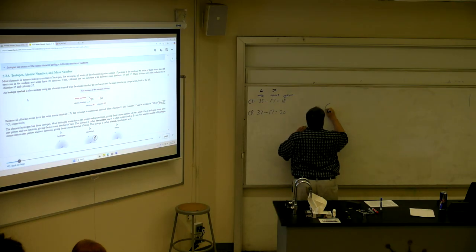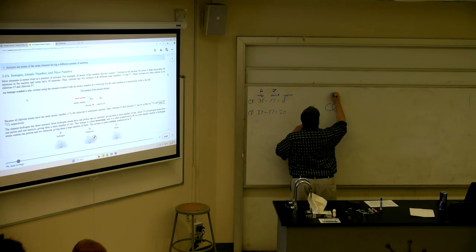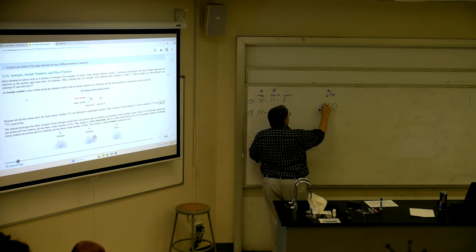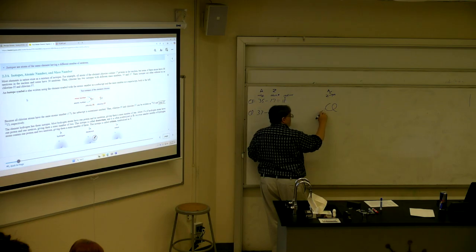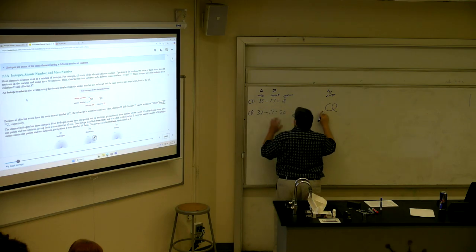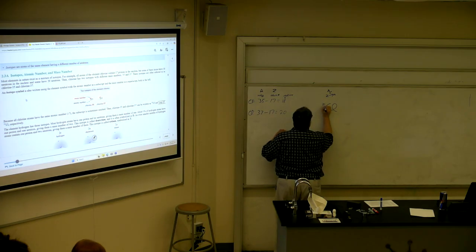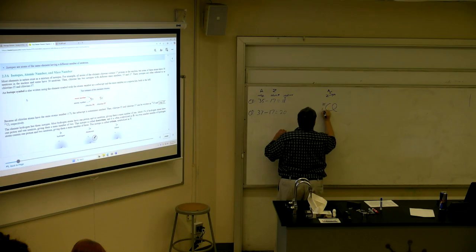So anyway, one more thing to add to all this semantics about mass number, atomic number and protons: we use the symbol, in general the symbol with A and Z. There's a superscript up here for the mass number, and a subscript down here for the atomic number.